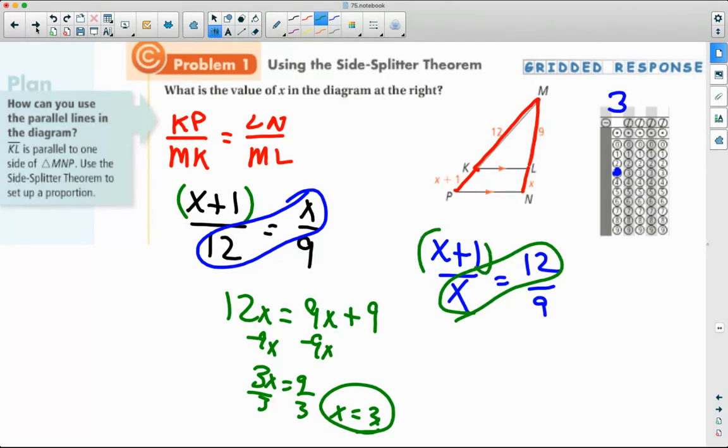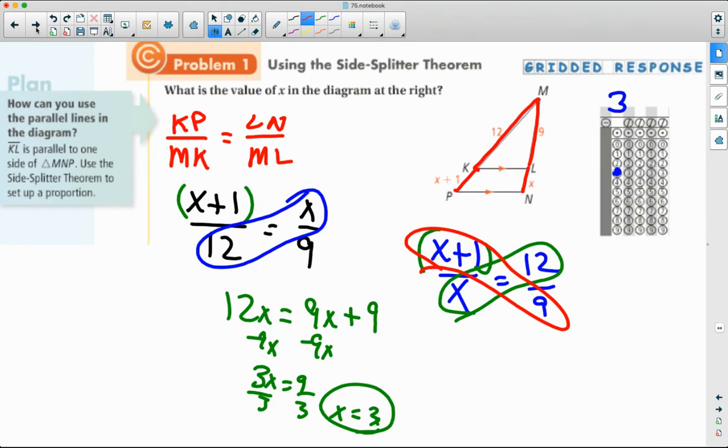And here? I do, right? If I cross multiply here, I get the same thing. So all I did was switch the means right there, right? So if I switch those, nothing happens. I get the same thing.